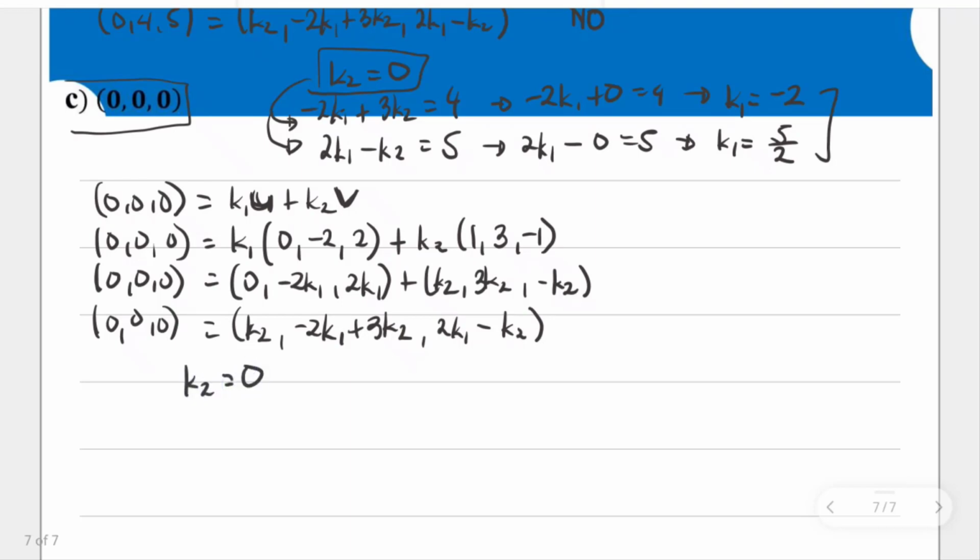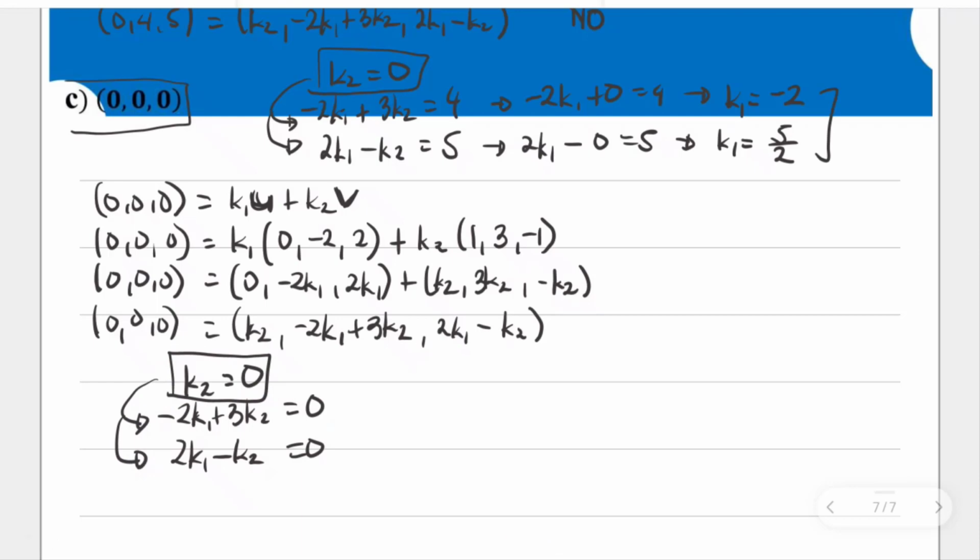K sub 2 is 0, negative 2k sub 1 plus 3k sub 2 is also 0, 2k sub 1 minus k sub 2 is also 0. Let's try this value here, and hopefully our k sub 1 will be the same. So this is negative 2k sub 1 plus 0 is equal to 0. So k sub 1 will also be 0 over negative 2, 0.